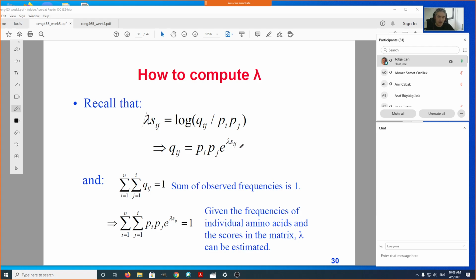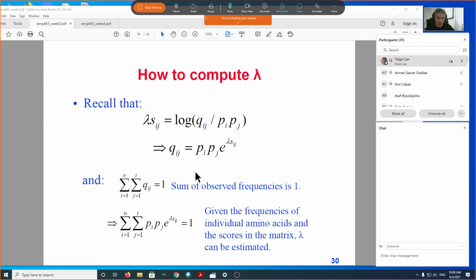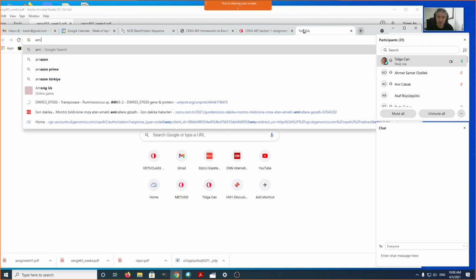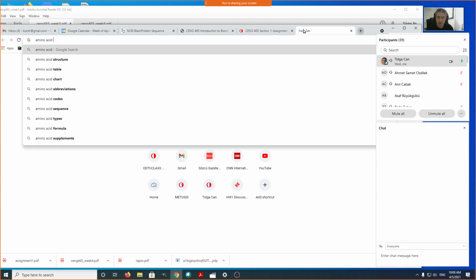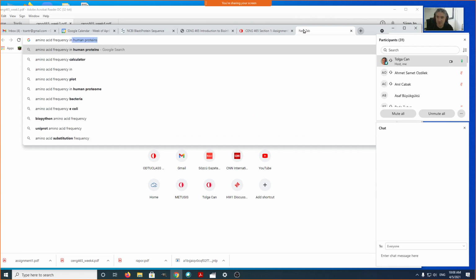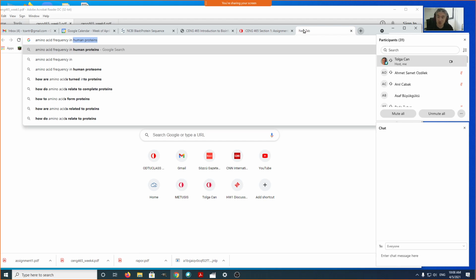So when we are given a BLOSUM62 or PAM matrix, we know the Sijs. We also know what Pi and Pj are in nature. The amino acid propensities or frequencies are well established. So let's look at amino acid frequencies in nature, for example in human proteins.